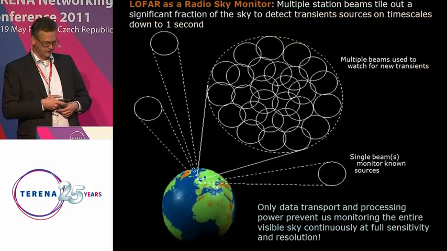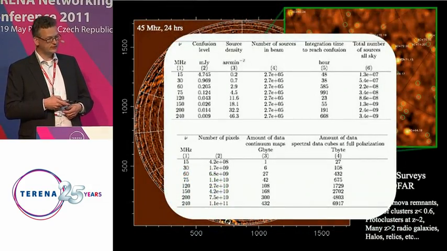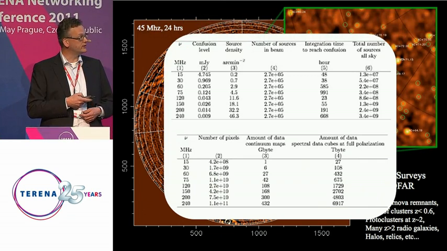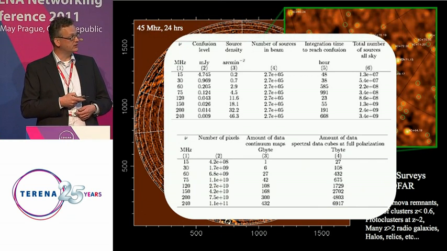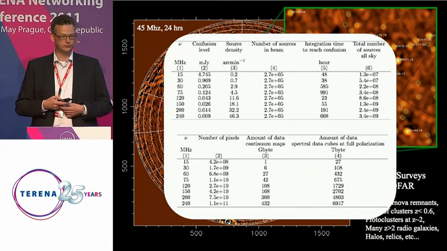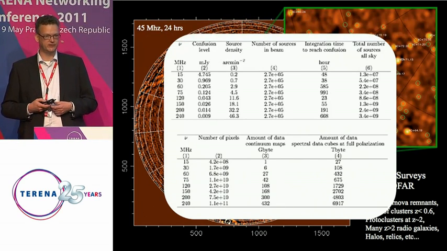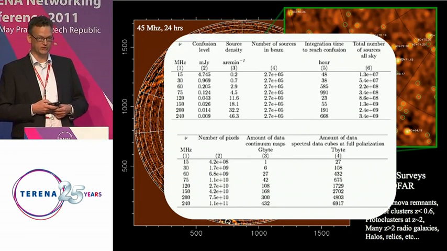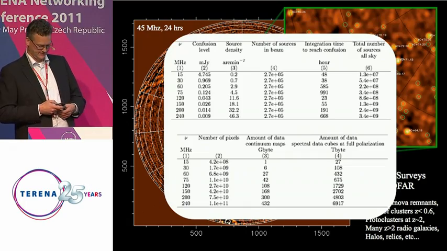And over the course of the existence of LOFAR, if we want to do a full sky survey, we'll produce many petabytes of data in collecting all the information and finding the new sources.